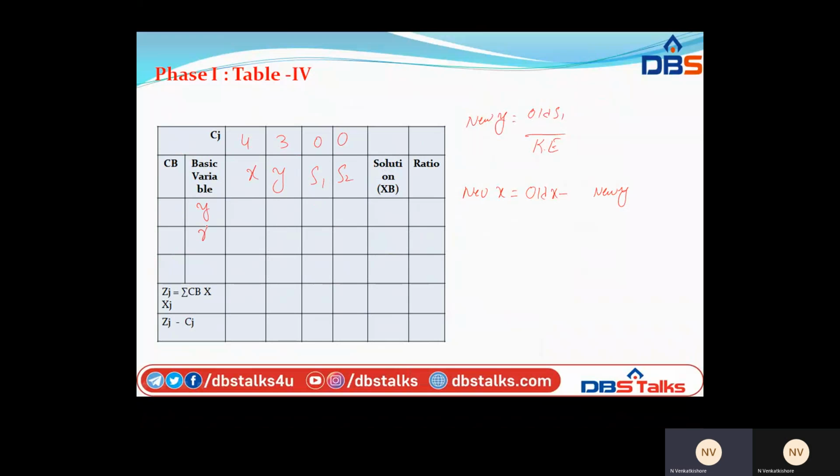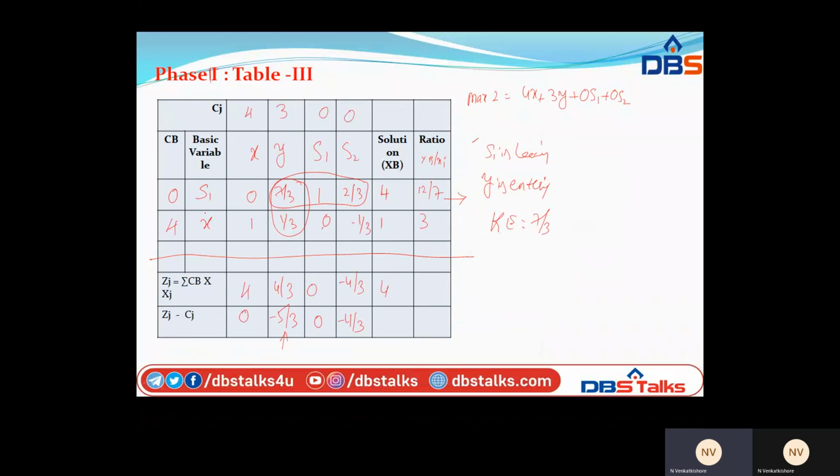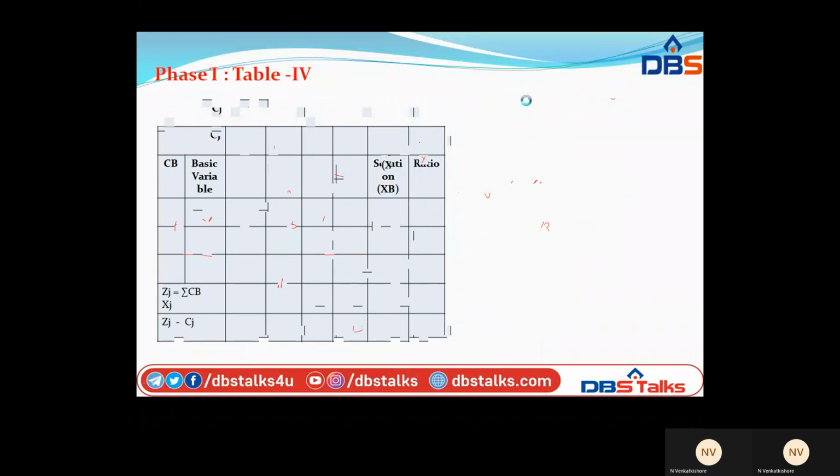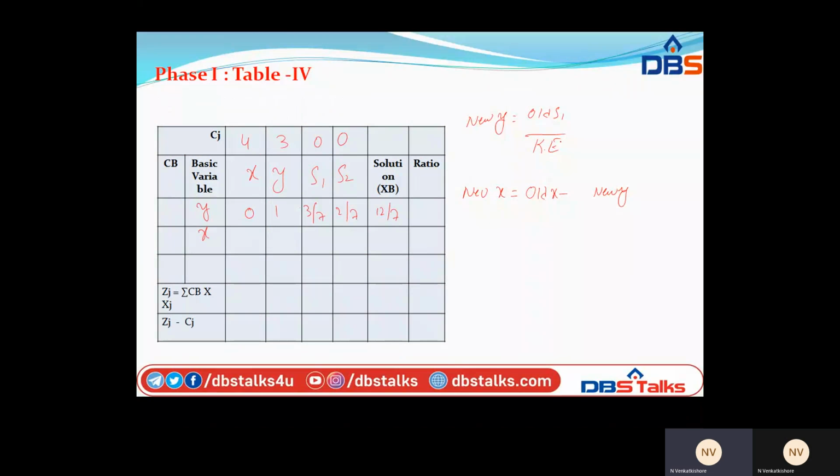Here we are replacing y and x. These are all already found from the previous table. So the key element is 7 by 3. Divide the old values by 7 by 3, then we will find the new element. So old S1 by the key element, we will frame the new y.